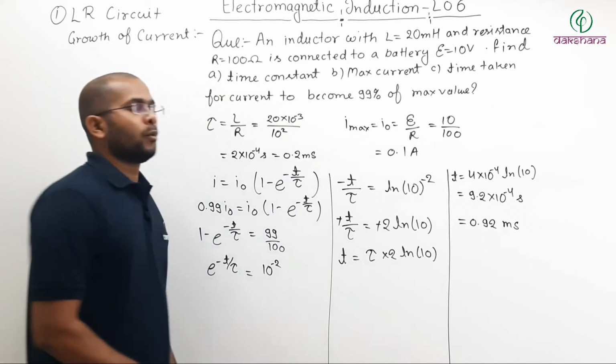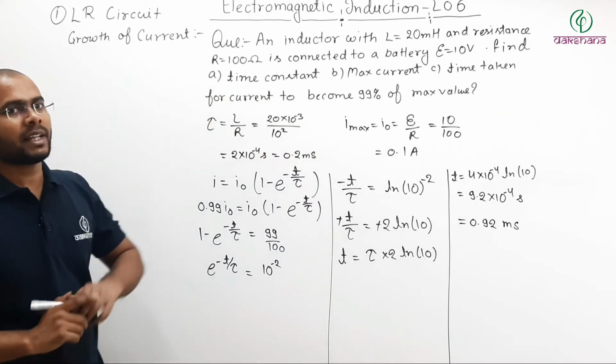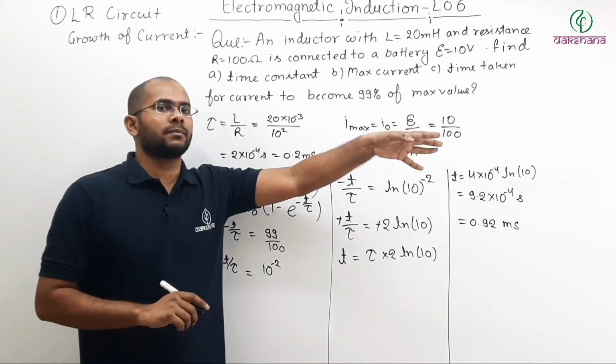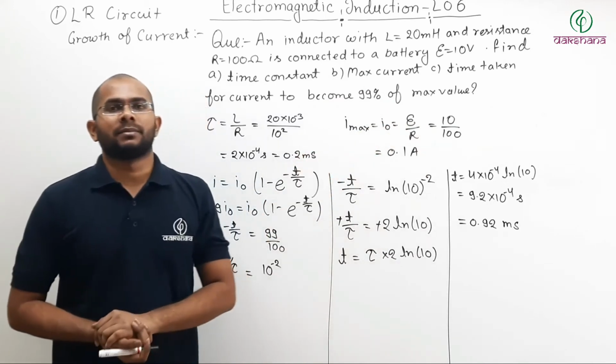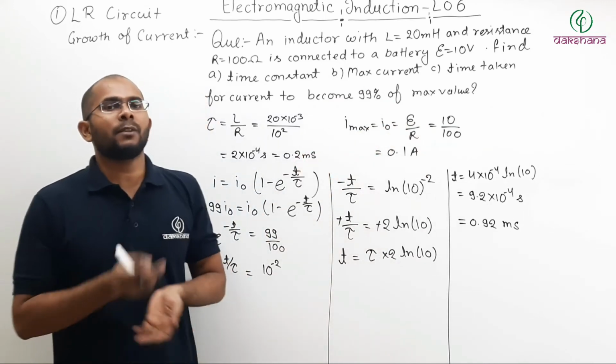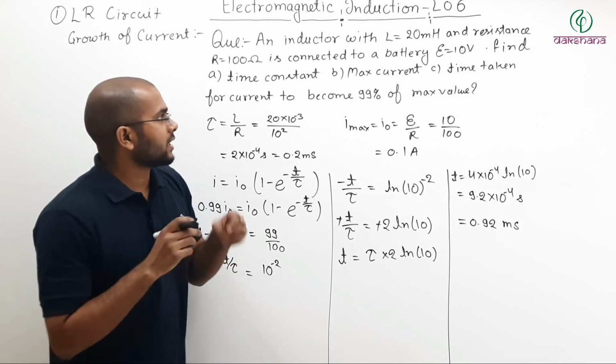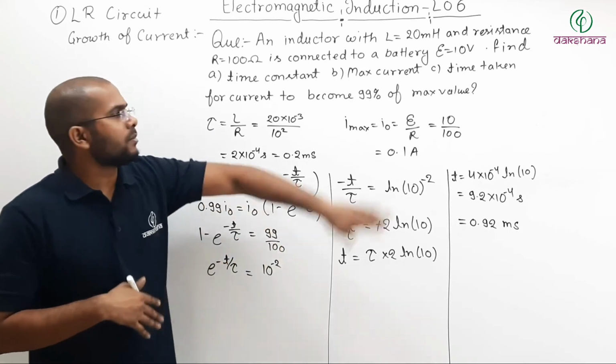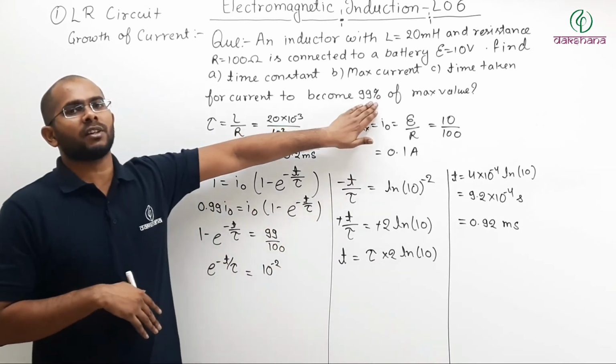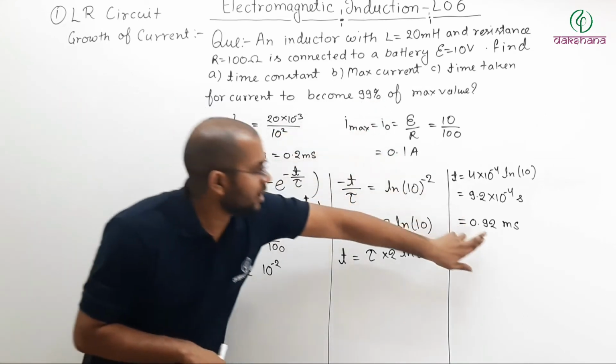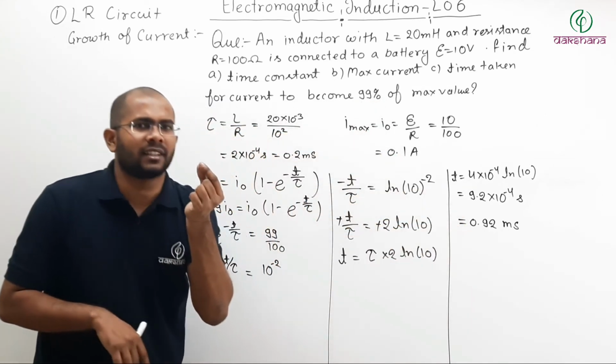Meaning, while theoretically it takes infinite time for current to become maximum, practically we are seeing that current becomes 99% of maximum value in approximately 1 millisecond.